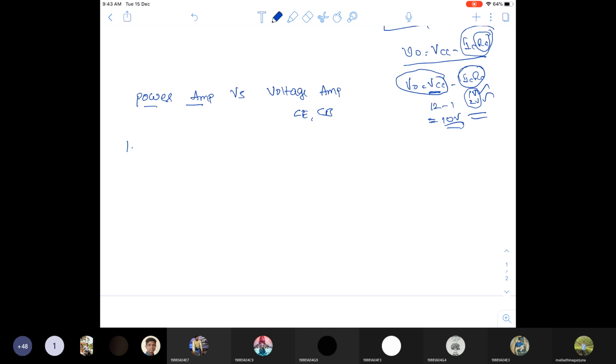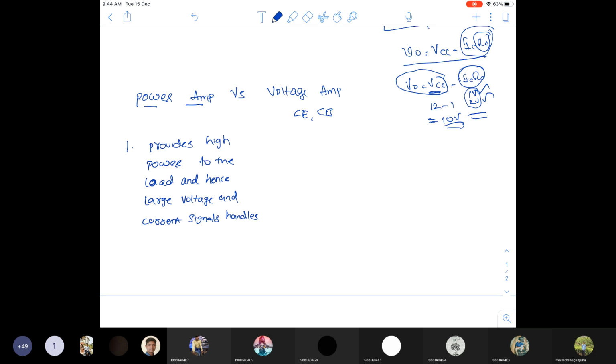Okay, and this is the basic definition. So here I'm writing, it provides high power to the load, and hence large voltage and large current signals can be handled.